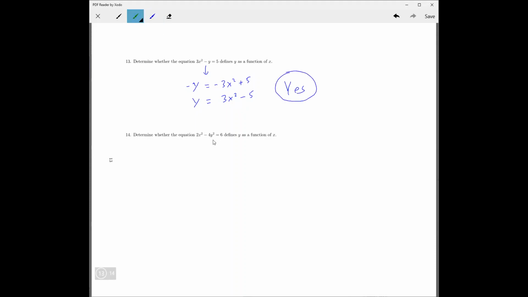And the second, on the other hand, number 14, again, I can try to do the same thing. This 2x goes over, x squared goes over as negative 2x squared. Then I can divide by -4. I get something like that. Now, if I go one more step, I'm going to be giving this plus or minus.